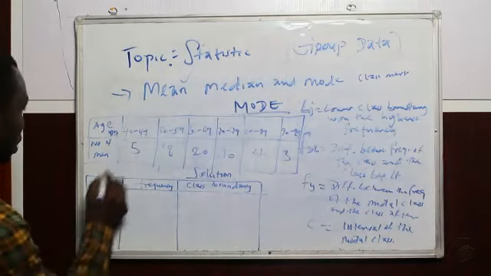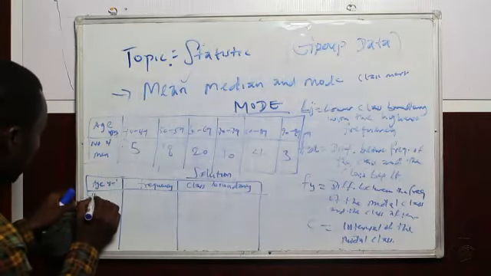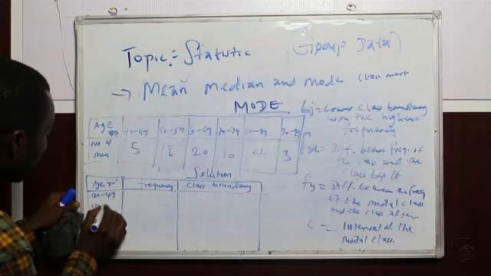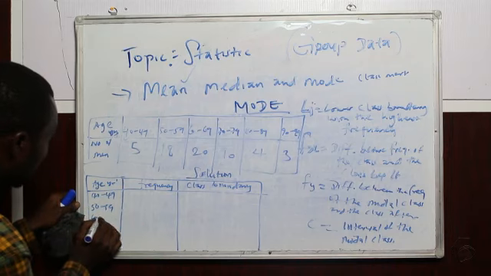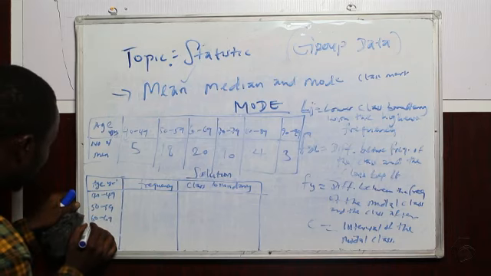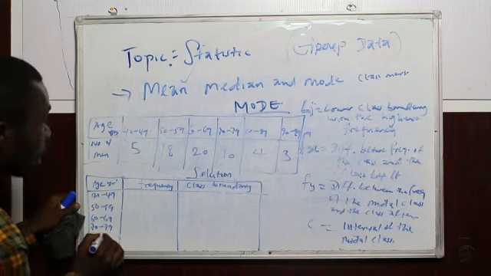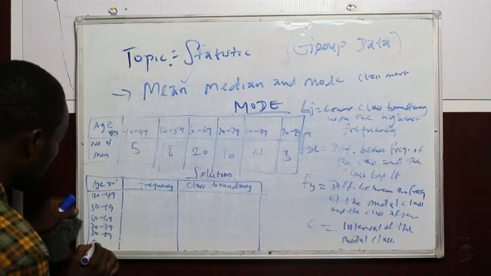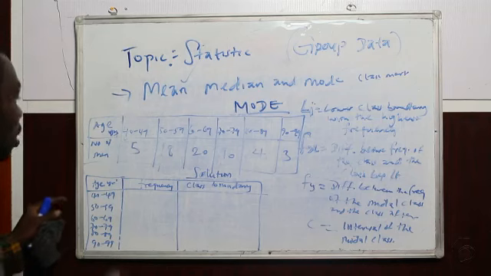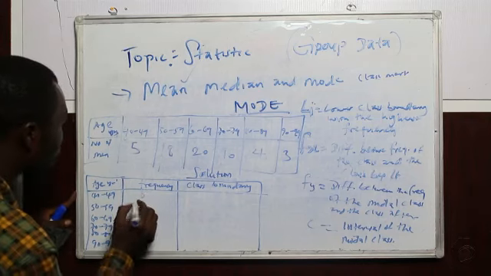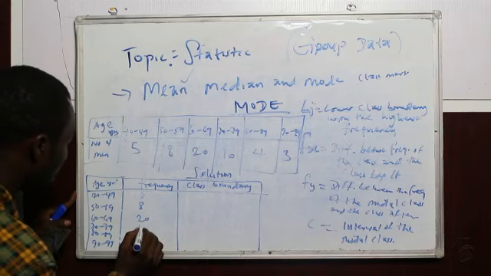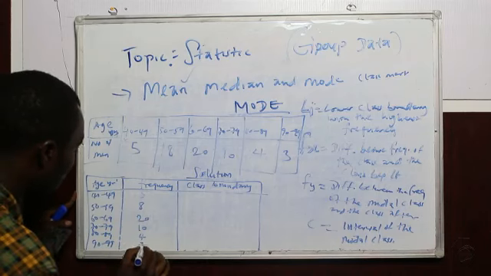Age in years, we have 40 to 49, 50 to 59, 60 to 69, 70 to 79, 80 to 89, and 90 to 99. Then the frequency here is 5, while the frequencies here are 8, 20, 10, 4, and 3.